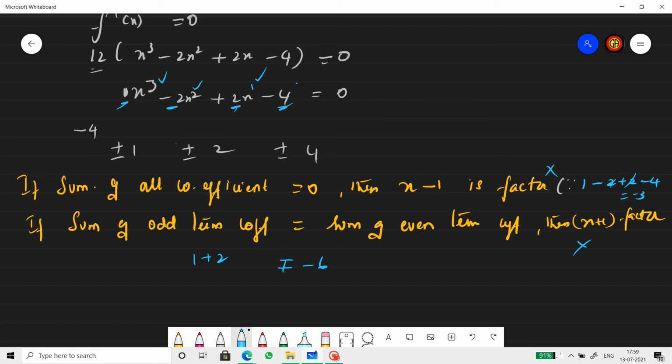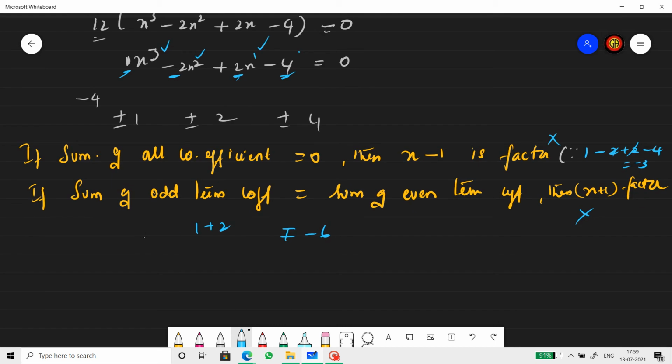So next we need to think about plus 2 or minus 2. Let's go for plus 2. So that means I'm going to divide x cube minus 2x square plus 2x minus 4 by x minus 2.